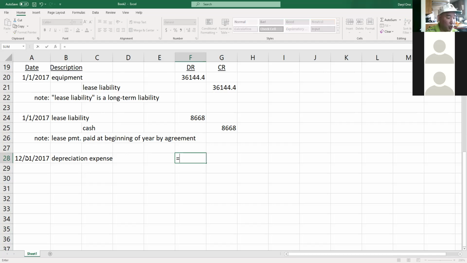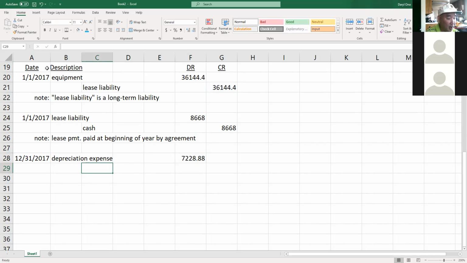It's going to be equal to the 36,144 divided by 5, because it's a 5-year lease. No salvage value. And so that's what your depreciation expense is going to be.